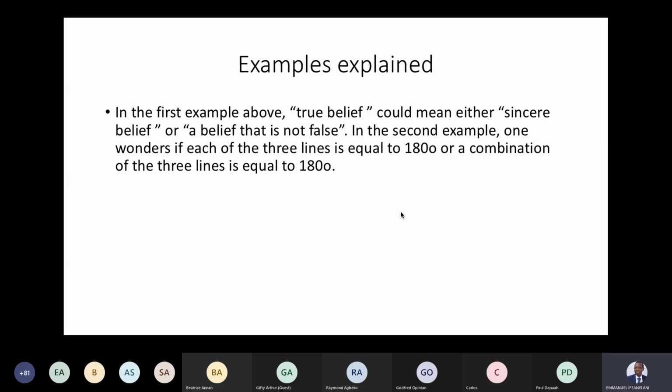If a definition is defining a department as a university, then the definition is too broad because the department is smaller than the university. Using the university to define department is too broad.